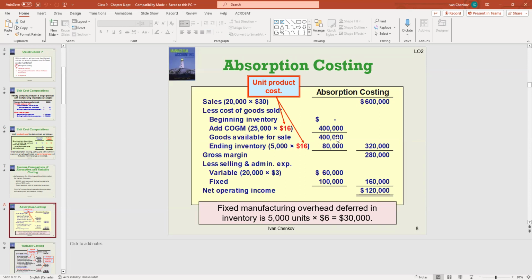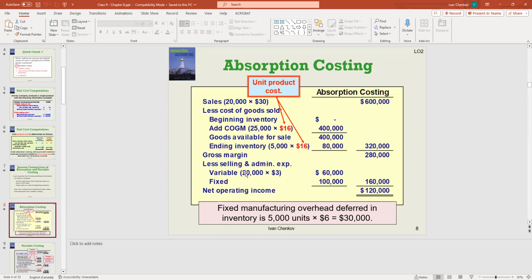That's how much we have available for sale. Ending inventory now is 5,000. Why? We produce 25, we sell 20, so 5,000 ending inventory. $16 is our product cost, so $80,000 ending inventory, which we already calculated. That means our cost of goods sold will be $320,000, giving us a gross margin of $280,000.